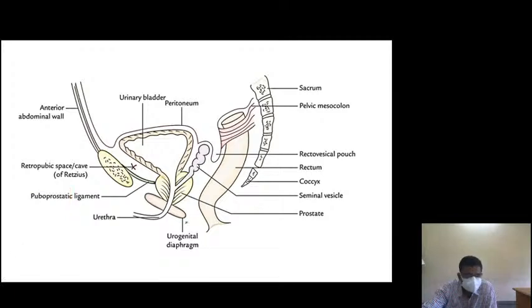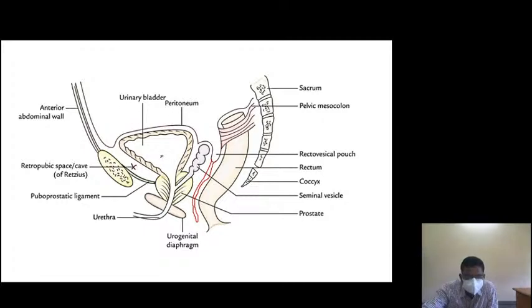This peritoneal layer continues downwards in the form of a fascia called the fascia of Denonvilliers. So now you can see the rectovesical pouch with the fascia of Denonvilliers.